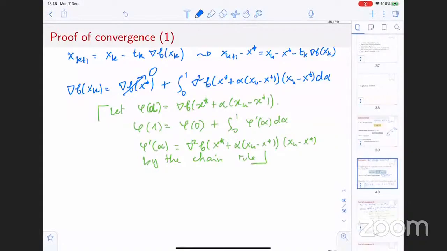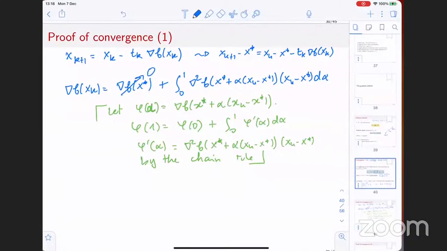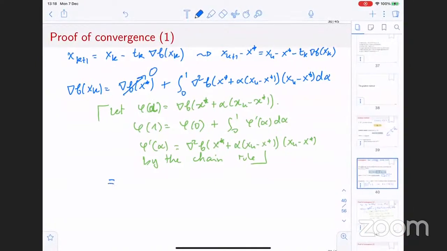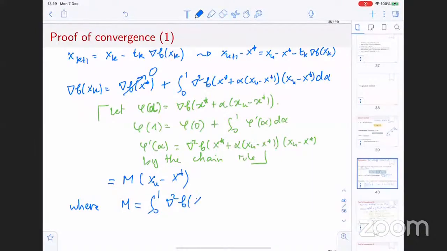So this tells me that the gradient is equal to a certain matrix M times (x_k minus x star), where M is equal to the integral from 0 to 1 of the Hessian of f at x star plus alpha times (x_k minus x star), d alpha.